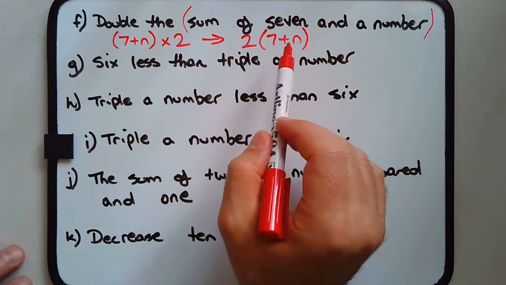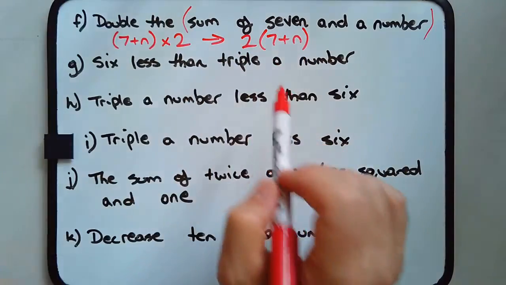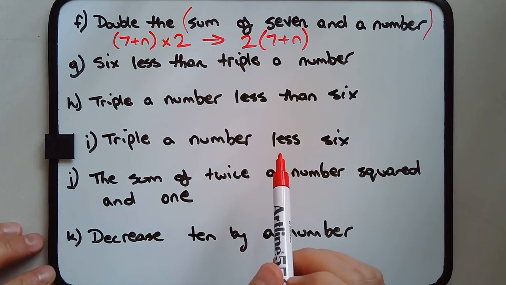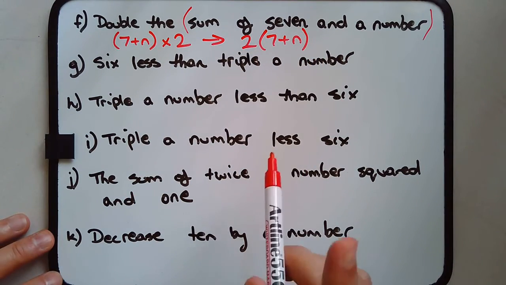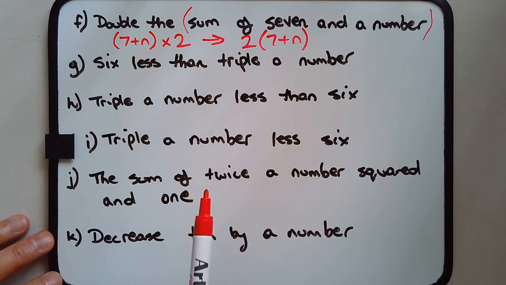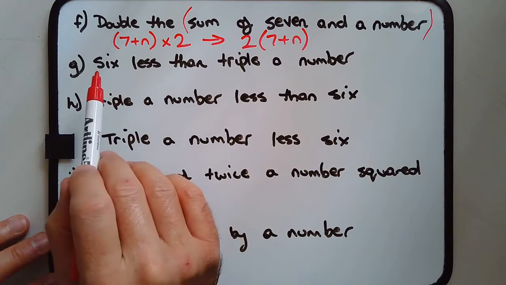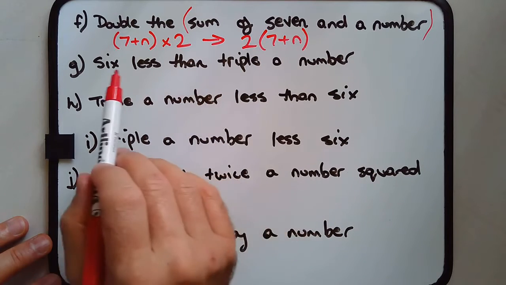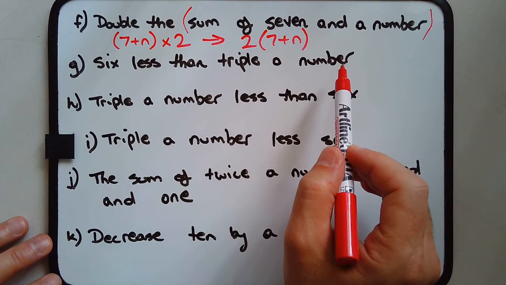Addition is one of those operations where you can flip things around and swap places, and it wouldn't make any difference to the answer. Division and subtraction, you've got to be very careful with the order. 6 less than triple a number. Again, what do we do first?